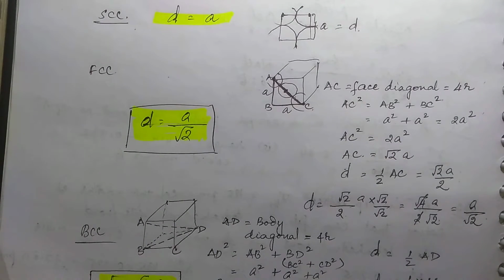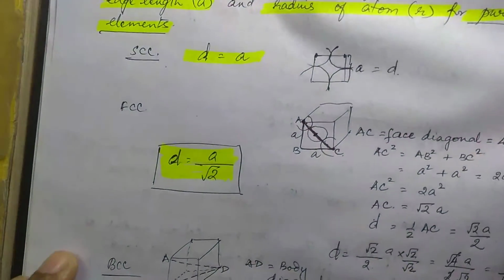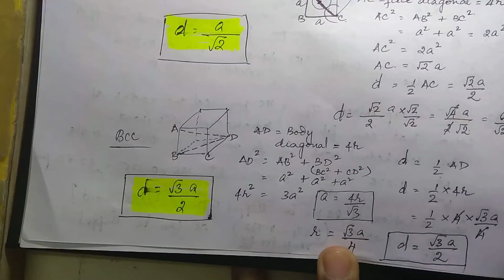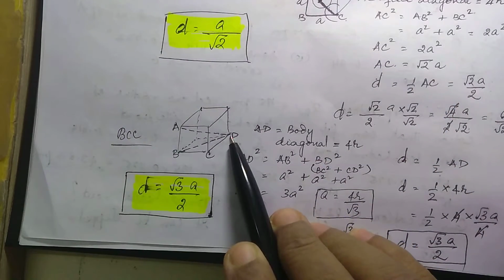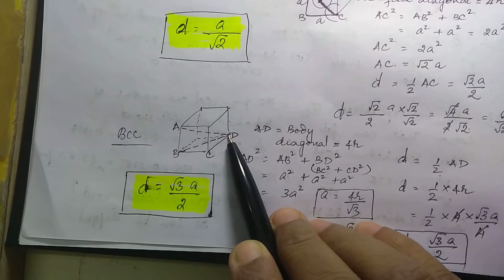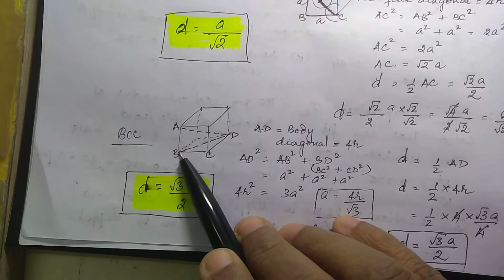Now the next one is BCC. Now in the case of BCC, you see here, this A and D, it is a body diagonal from this corner to the opposite corner, top corner to bottom corner. And what is this BD?